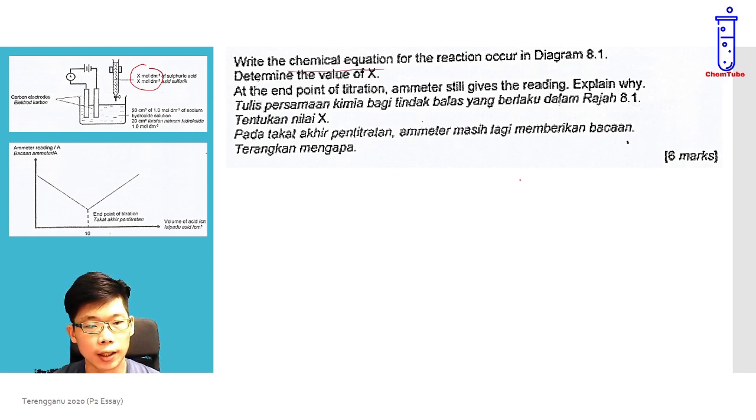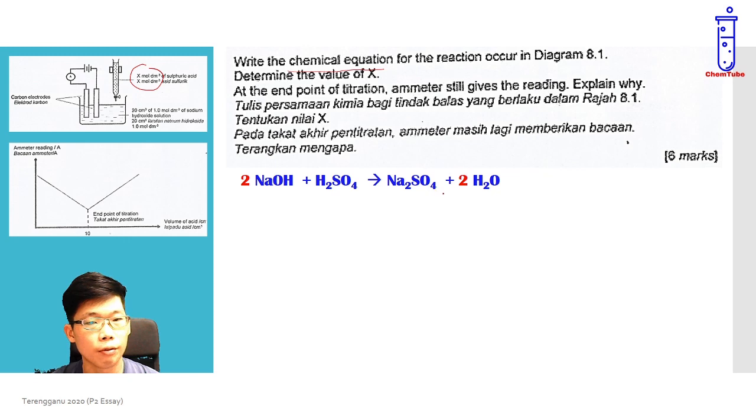Sodium hydroxide reacts with the sulfuric acid to produce sodium sulfate and water. This is the neutralization. To determine the value of X, the concentration of the acid, we use the formula MAVA over MBVB equals A over B.